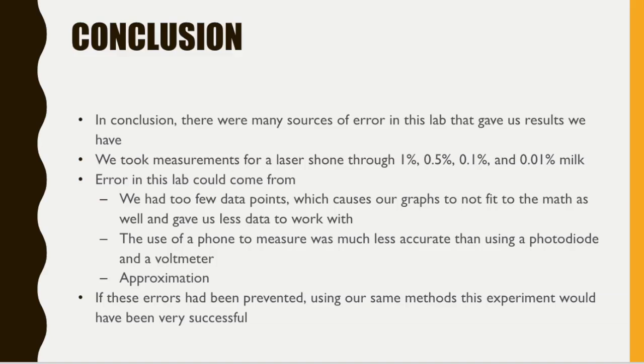And also the approximations we took while calculating the math would increase the error because it wasn't the exact precise answer. So overall, if we had been able to prevent these errors or redo the experiment, adjusting for them, the experiment would have been very successful. And we would have been able to demonstrate Mie scattering through a medium.